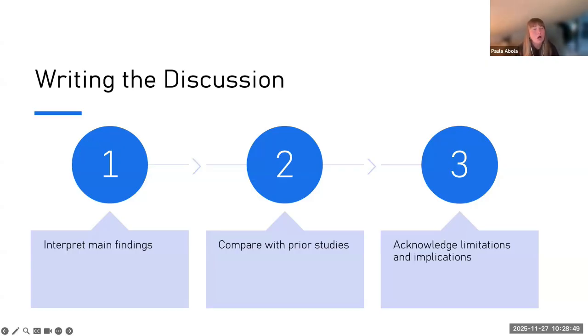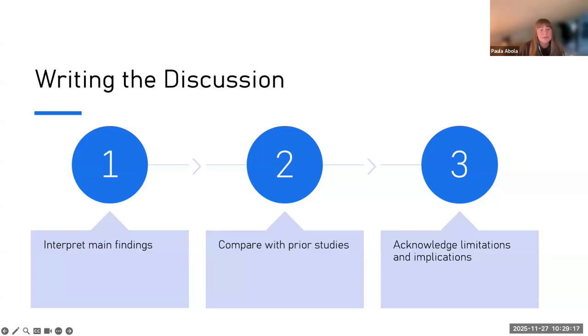Also, you should offer possible explanations for differences. For example, were there differences in population, measurement tools, or sample size? So if I found in shared decision making in Parkinson's that patients rate themselves as less involved than their providers, whereas in another disease it was opposite, the patients felt more involved than the providers, then I have to look at what could be the possible explanations for these differences.